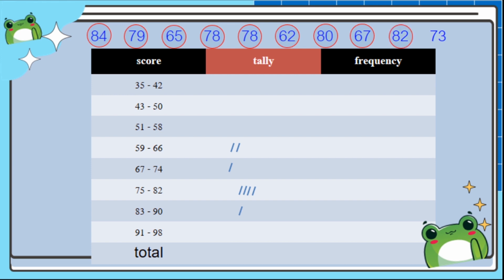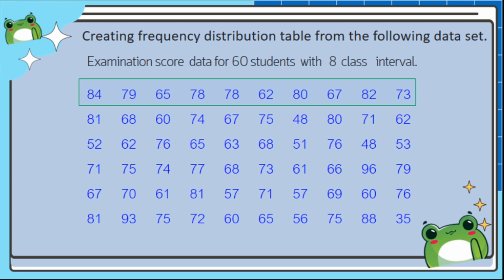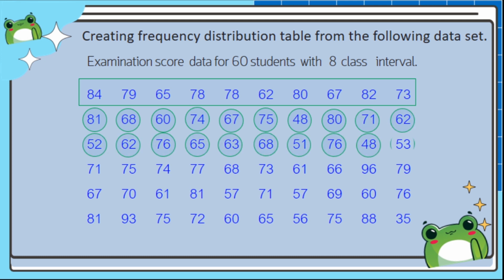Students notice that if it is 5, count is 1. And next, 73. Complete the tally column by adding all of the scores to match the class intervals. Like this.